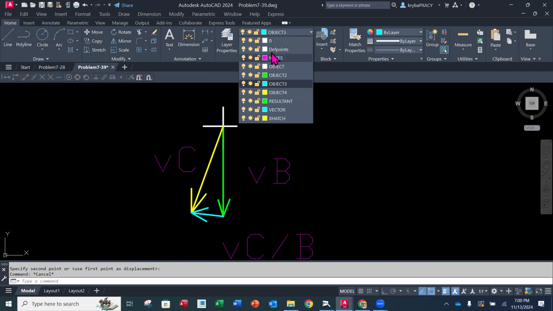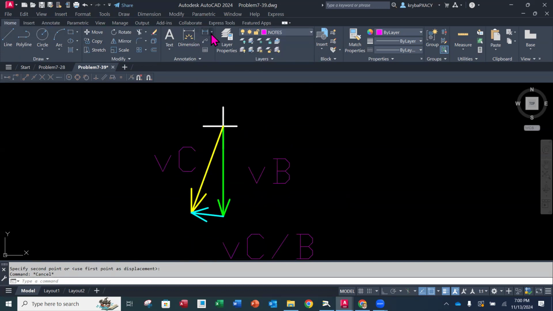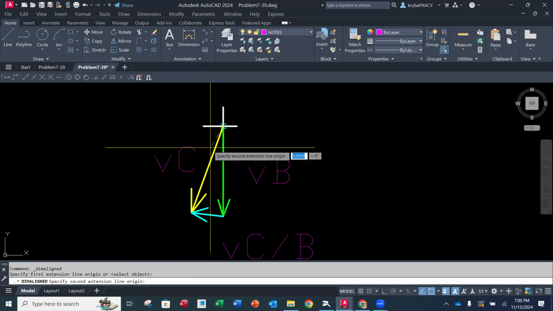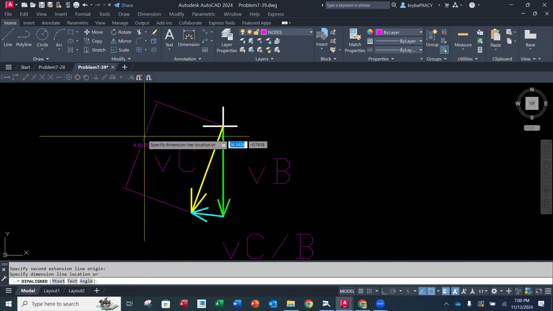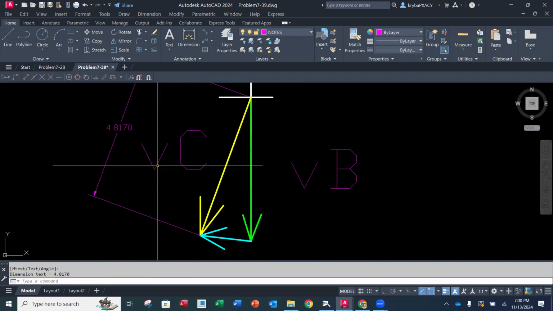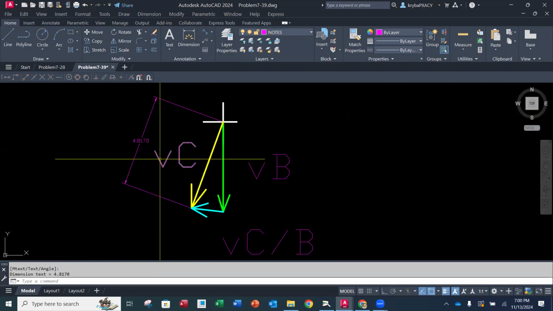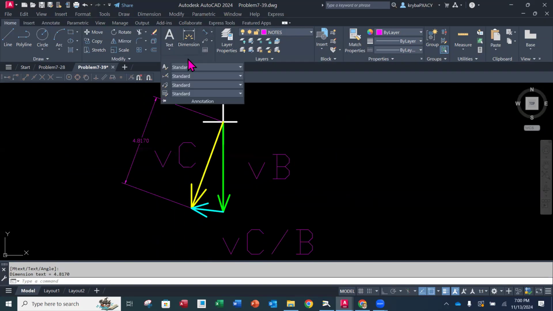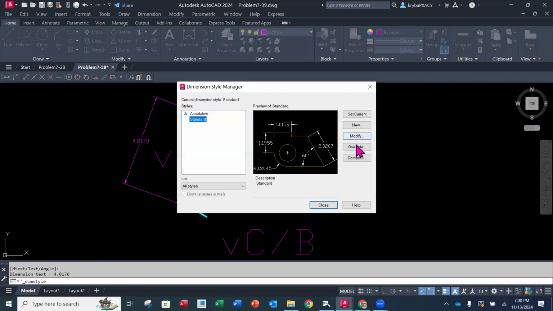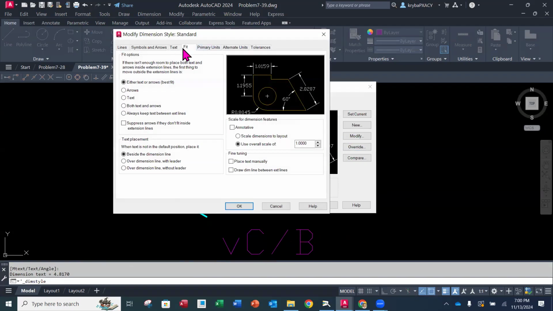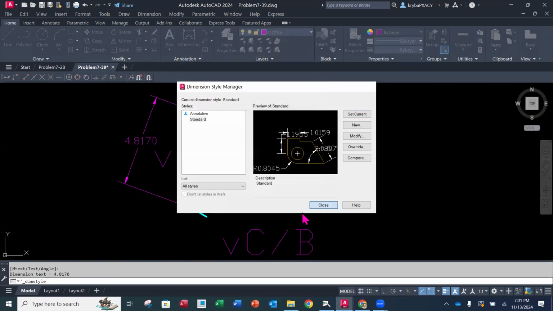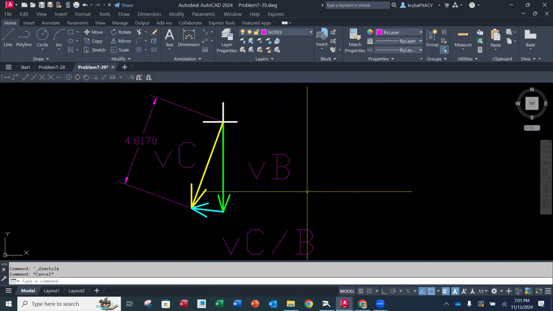So I'm going to add a line dimension for C. Okay. And right now, it's probably appropriate. I'm going to make it a little bit bigger. I'm going to go into my dimension style manager, modify, fit, and I'm going to go 2 for this. I'm going to make it 2 times as big. Set as current and close. So it's a little bit bigger.